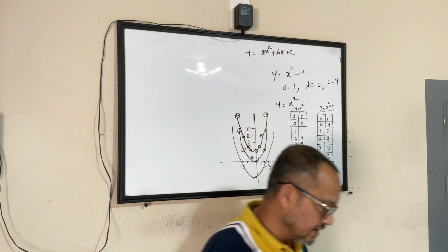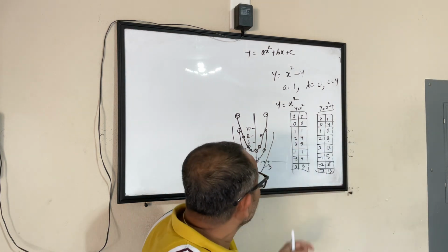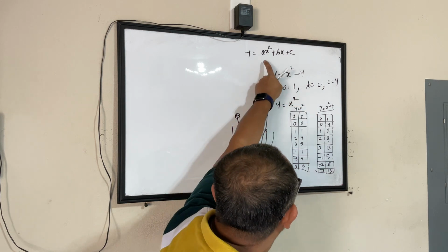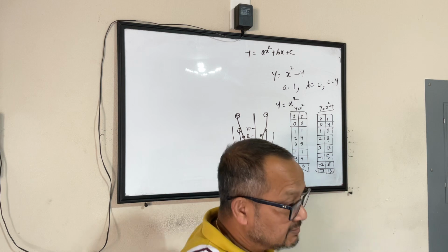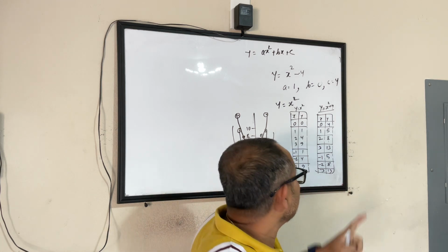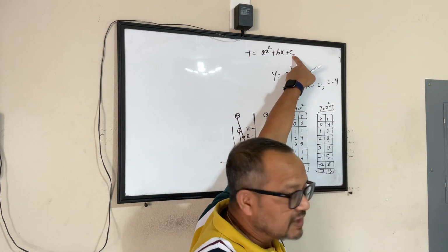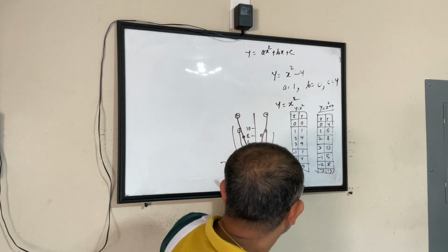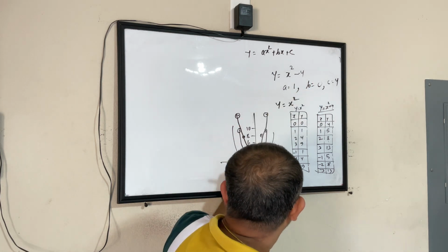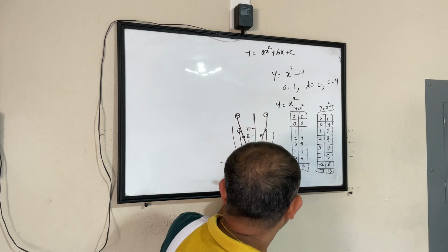Yes, sir. Okay. So we saw that every coefficient that we see here has a role to play. And again, I'm saying every, but I have shown you guys only one, only the C part. When you have a constant, if you put a plus or a minus, that determines whether it will move upward or downward. So in case of plus, it will move upward.